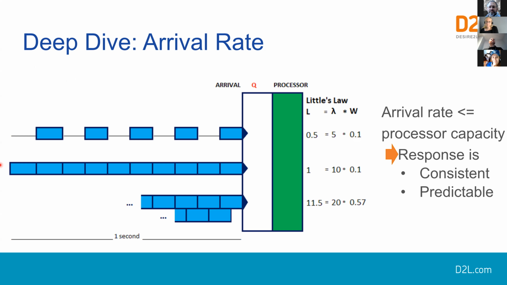We have requests coming in on the left, the blue lines, and processing depicted over the green area, while the white area shows where queuing can fall.